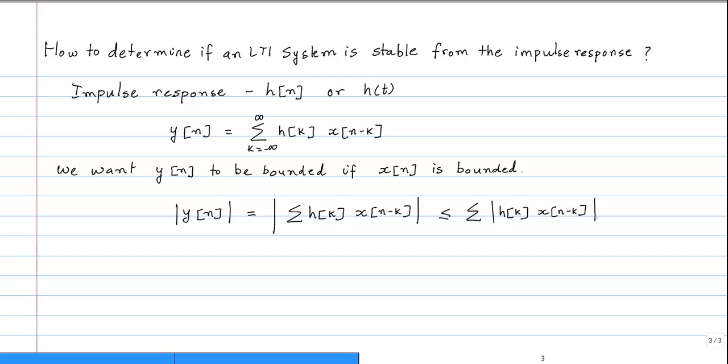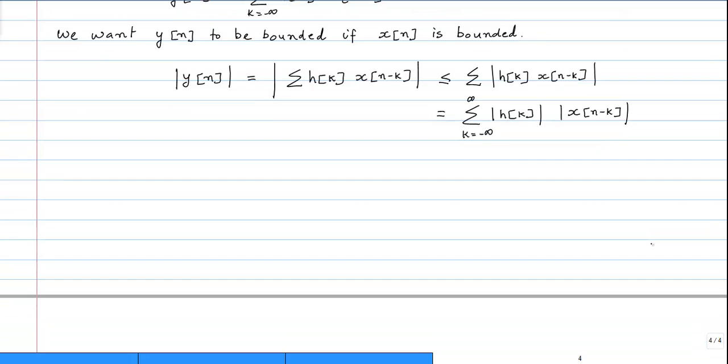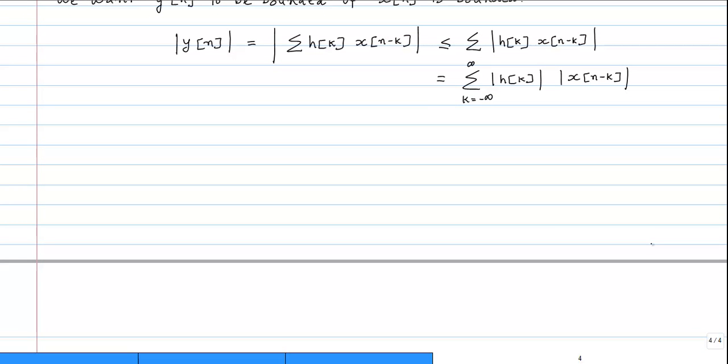Now what we can do further is note that the magnitude of the product of these two signals is the product of the magnitudes. So this is equal to summation magnitude of h of k times the magnitude of x of n minus k. And what we know is that x of n minus k is bounded. Now what does it mean for a signal to be bounded?